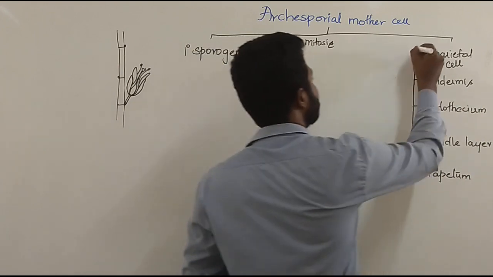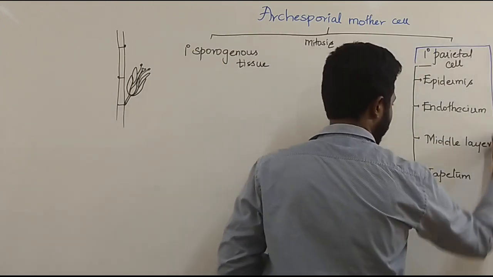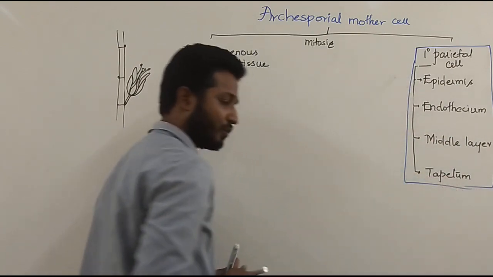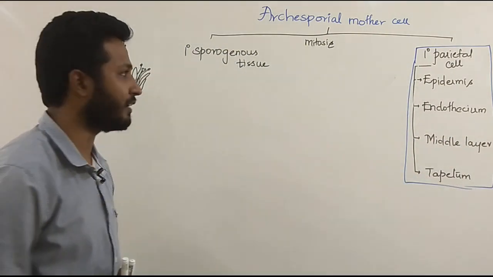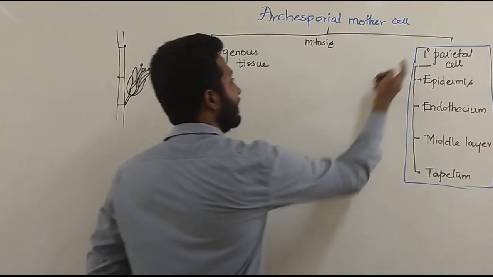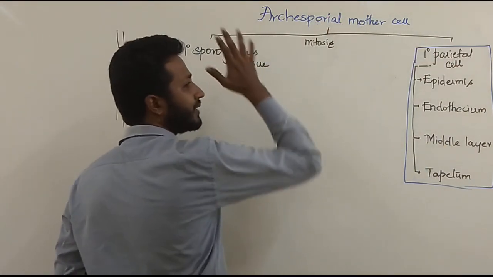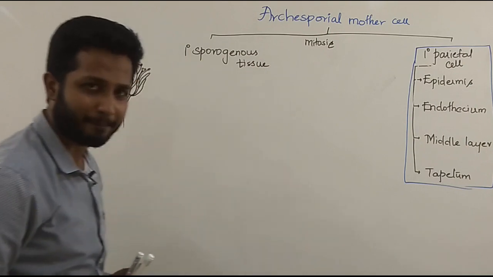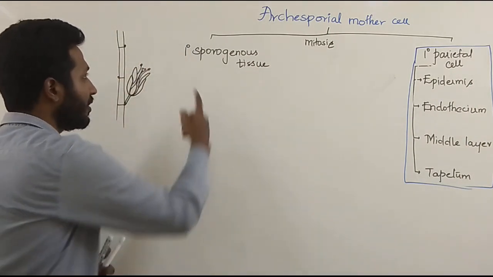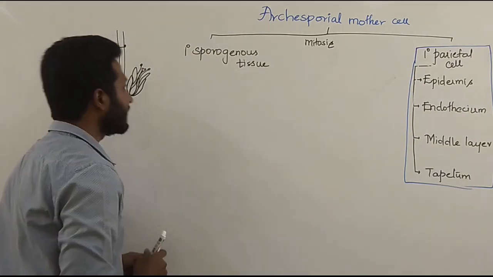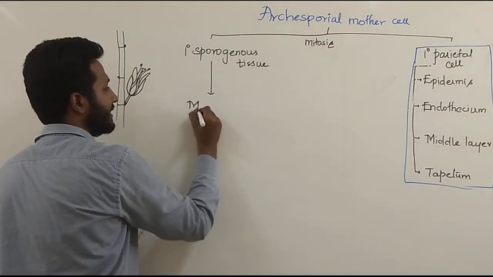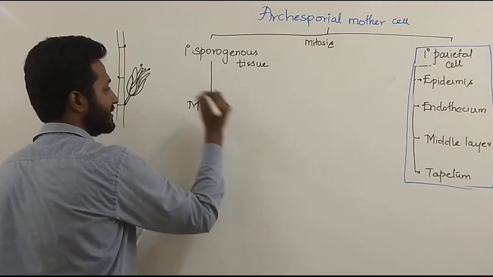For NEET also you can note this point. It is for boards as well as NEET, both together. Okay, so the 4 wall layers of anther are going to develop from a cell known as the primary parietal cell, which will develop from the initial mother cell known as the archisporial mother cell. How about this side? The so-called sporogenous tissue is now going to develop into a cell known as MMC.